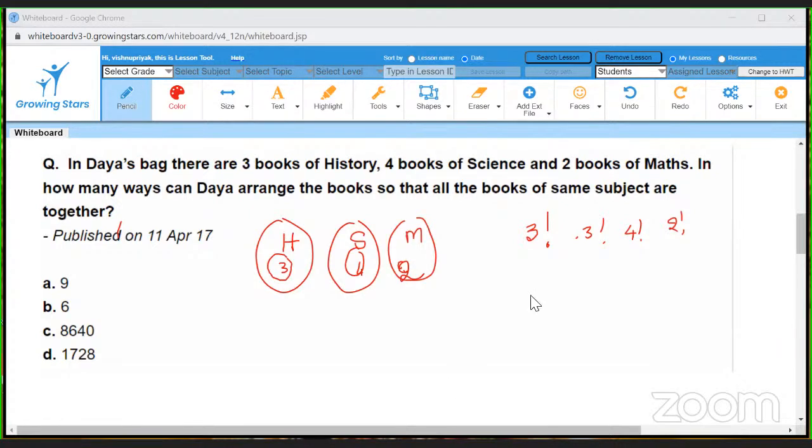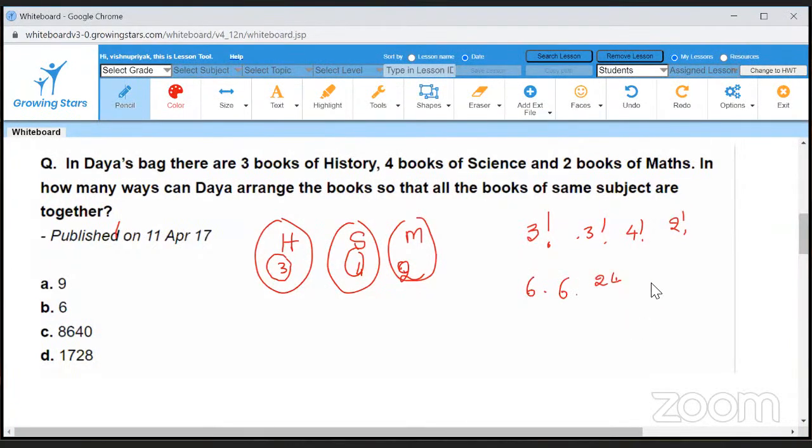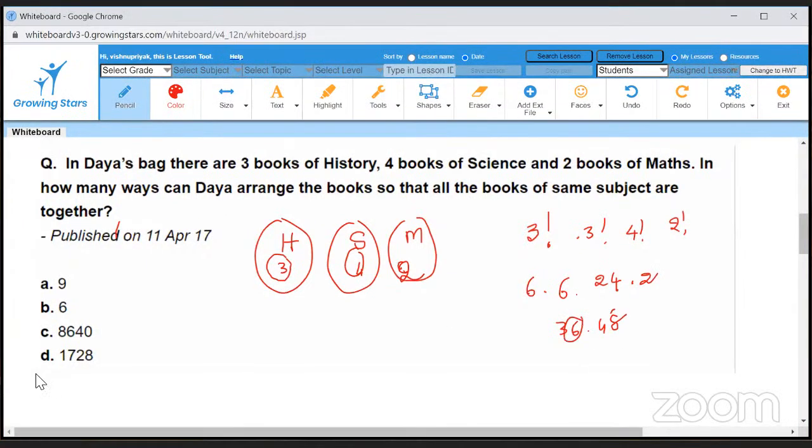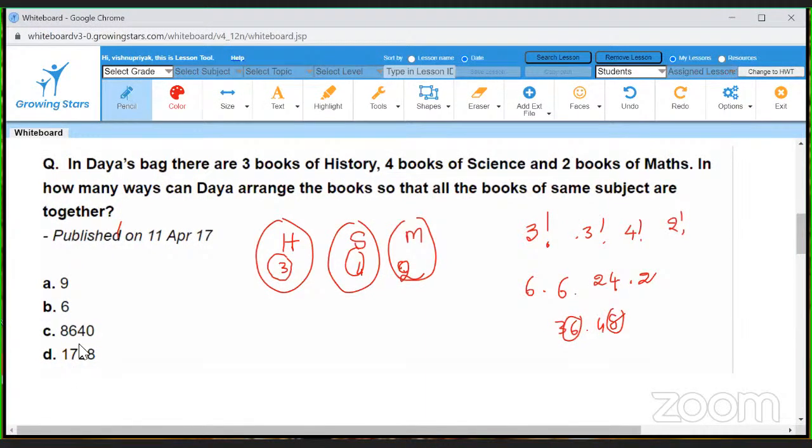3 factorial is 6, 3 factorial is 6, 4 factorial is 24, and 2 factorial is 2. 36 into 48, it must end with 8. 4th option, 1728.